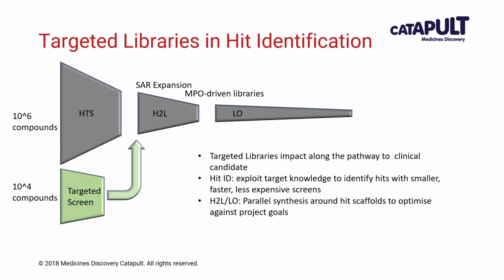And to do that, you exploit your knowledge of chemical matter that's known to modulate that protein target. You can use crystal structure information, NMR structure information, cryo-EM, knowledge of the physicochemical properties of molecules that are active towards your biological target of interest.